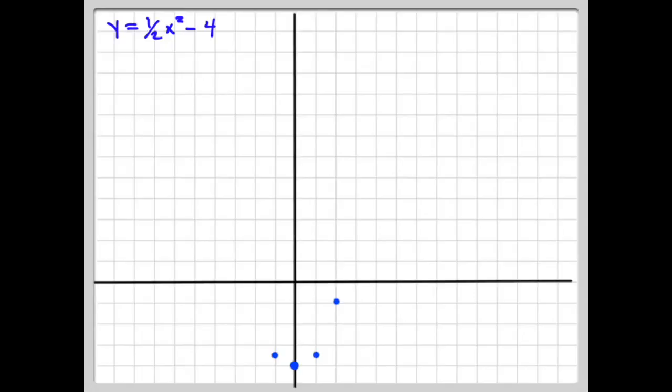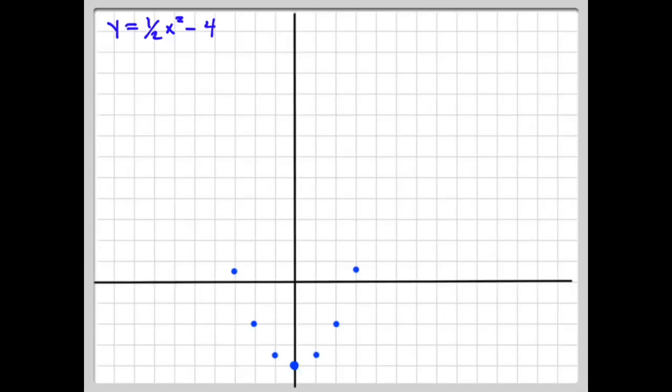It's all those odd numbers times 1/2. So we went up 1/2, then 3/2 on both sides. Now 5/2, which is 2.5, puts us here.